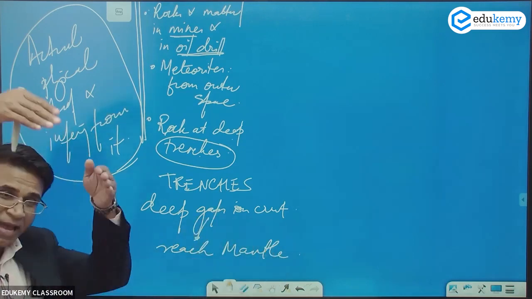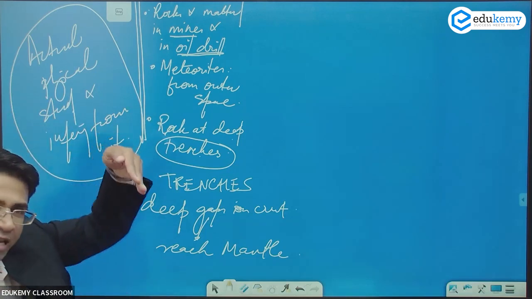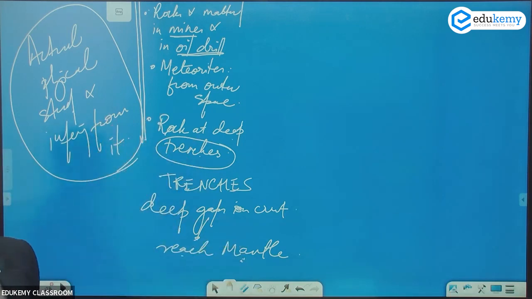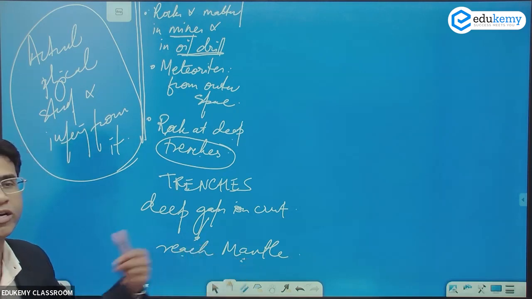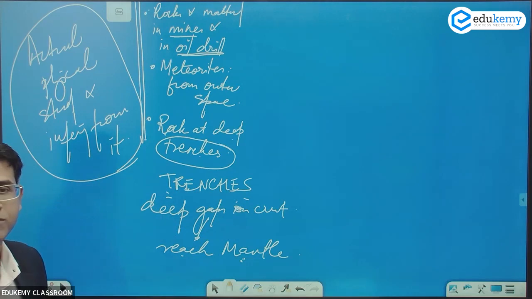They are very deep gaps. Okay, and at these gaps we can almost see the mantle. When I say see the mantle, it's not like it's visible to the naked eye. You can use some instruments to see what it is. So at deep trenches, we have studied some of this.